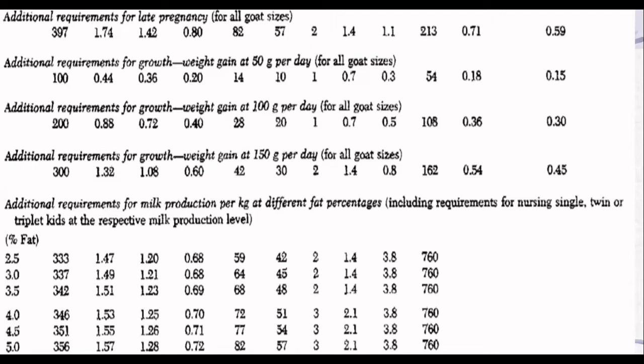If your animal is producing like 50 kg of milk and having 2.5 of the butter fats, that means there is an additional nutrient required by that animal, not because of the quantity, but because of the fat content.